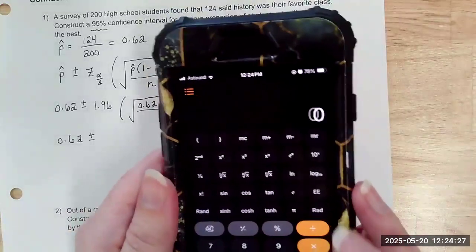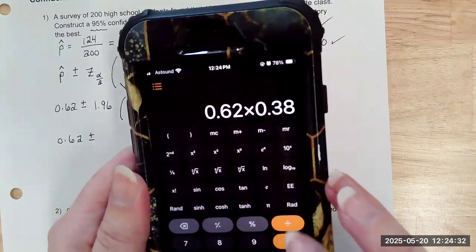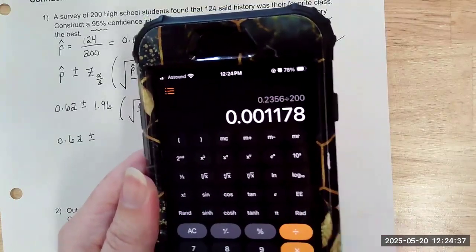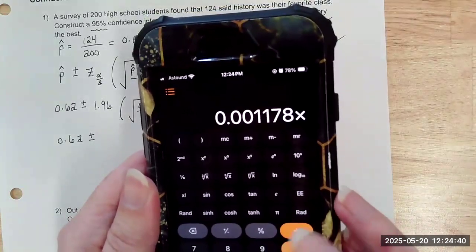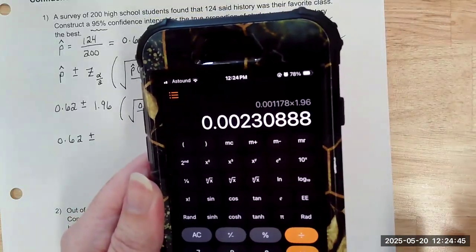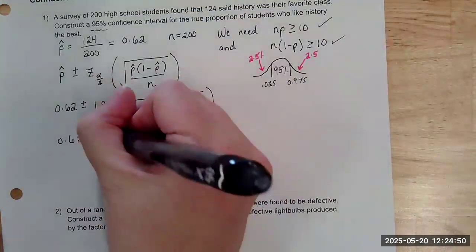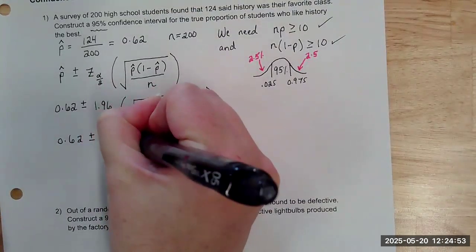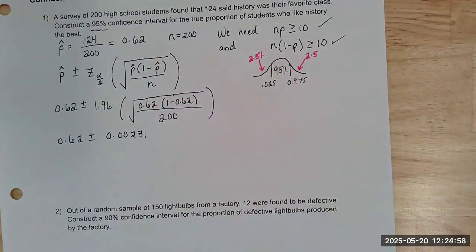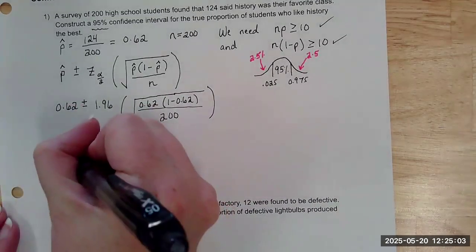So I have 0.62 times 1 minus 0.62, which is 0.38, and I'm going to divide that by the 200, and multiply that by 1.96. So my error bound measure is 0.00231 if I round it. To do the confidence interval, one of the times we're going to add that number, and one of the times we're going to subtract that number.